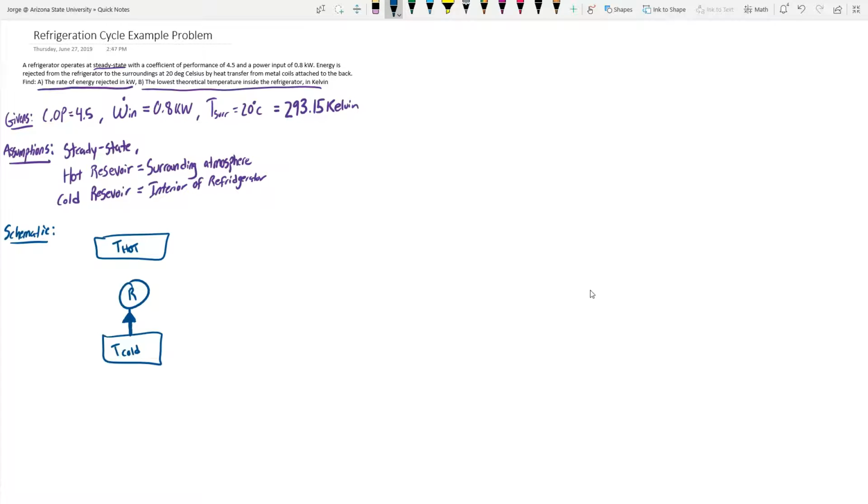So if we treat our T cold, which is the cold reservoir, as the interior of the refrigerator, then we can call this QL, the Q that's leaving. And then QH would be the Q entering the hot reservoir. Since this is opposite of the natural flow of heat, the only way for this to happen is to input some power. So we have a W dot in entering our system.